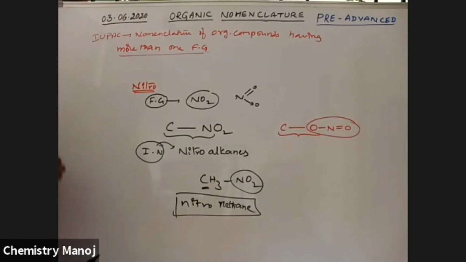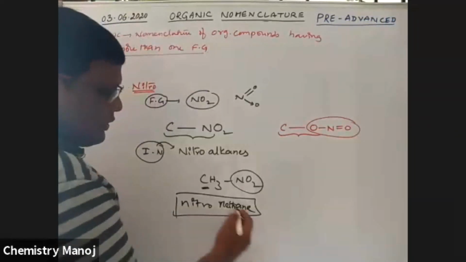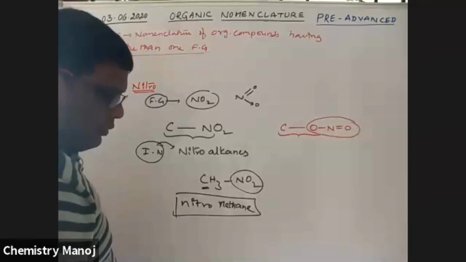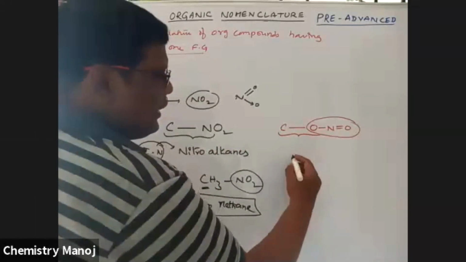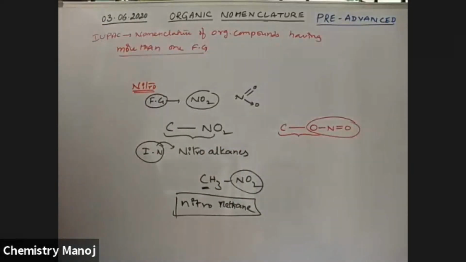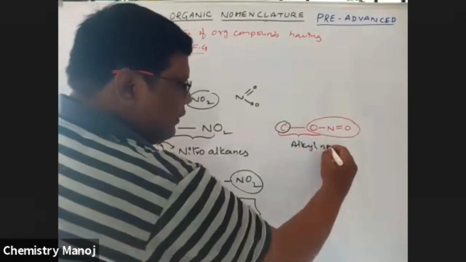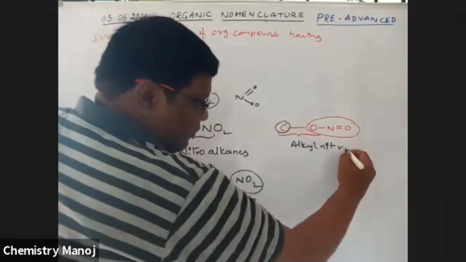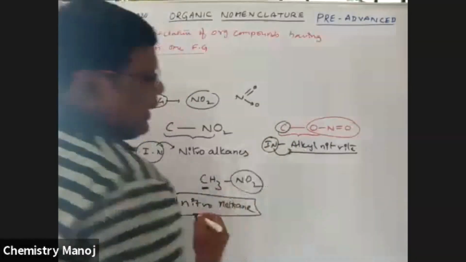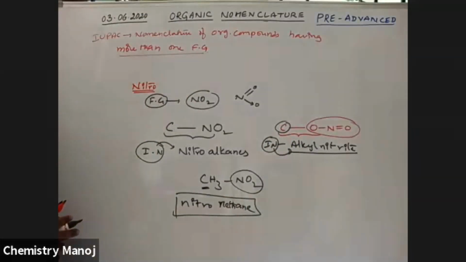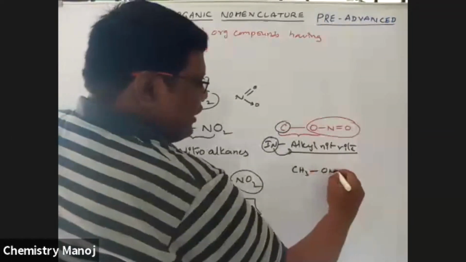There it is taken as alkyl nitrite, the IUPAC name. Alkyl nitrite. That means, for example, CH3ONO is given to you.